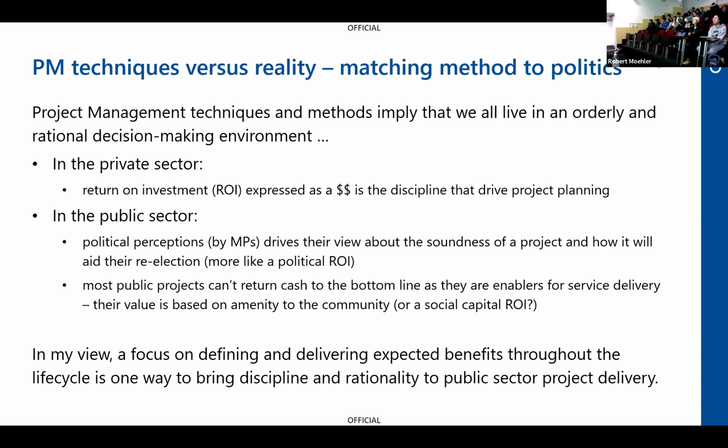Yeah. Thank you. So look, there's two ways to think about it. I'm not saying you shouldn't focus on ROI, but I just don't think financial return is necessarily the right measure for a public sector project.